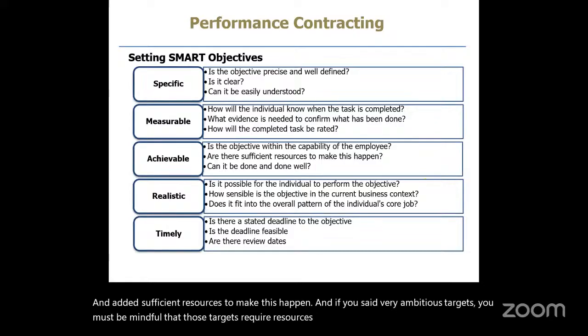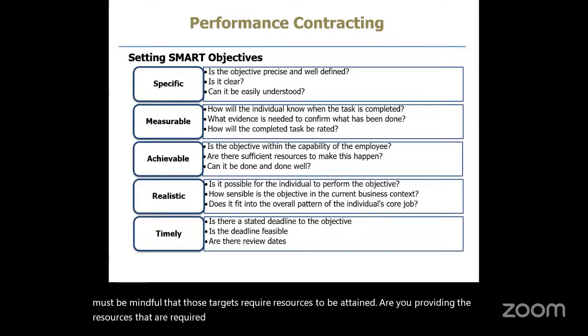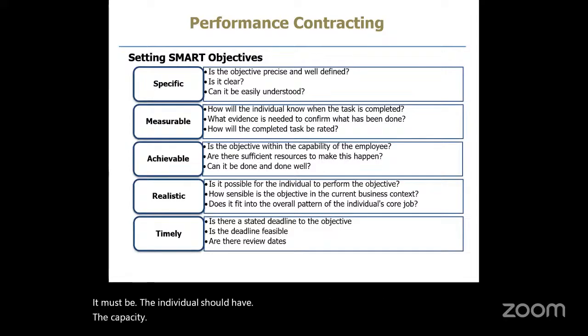Are you providing the resources that are required to attain those targets? The targets must be realistic. The individual should have the capacity to perform the target. It should be sensible. I mean, within your business context, it should be attainable.